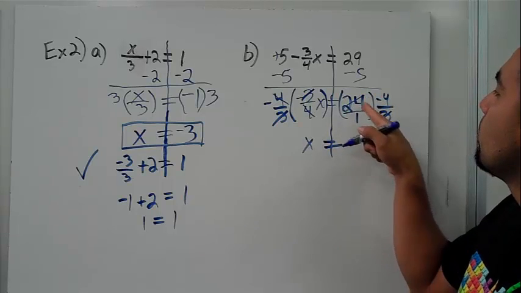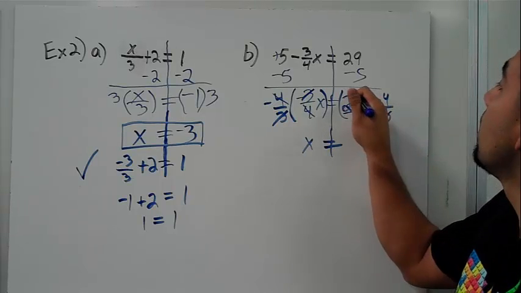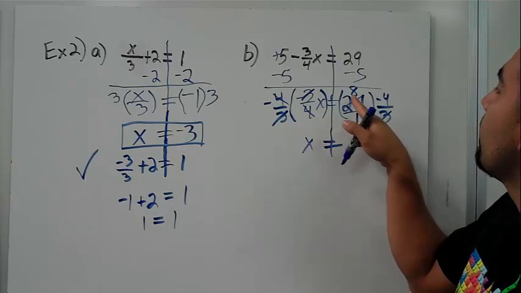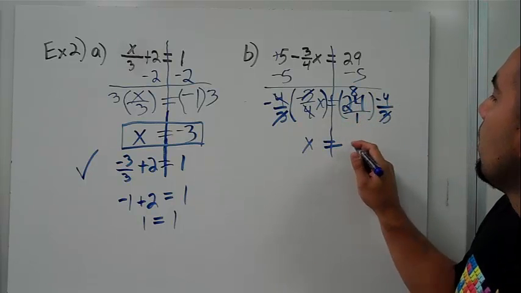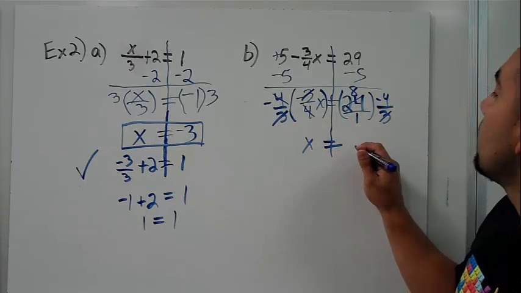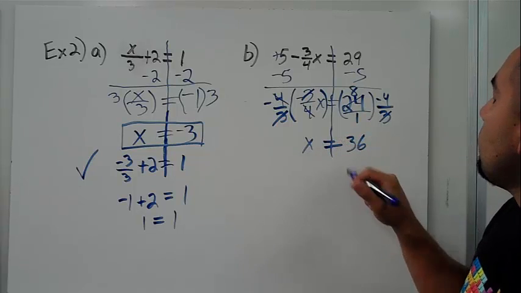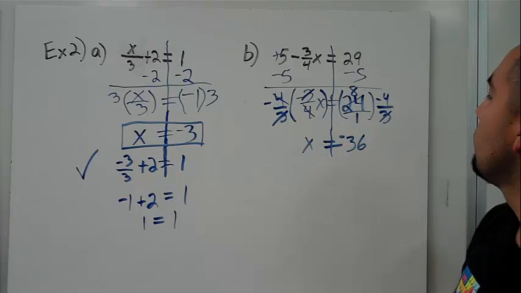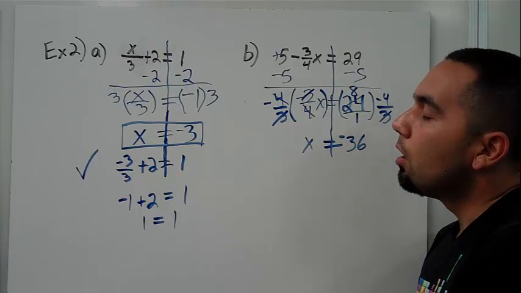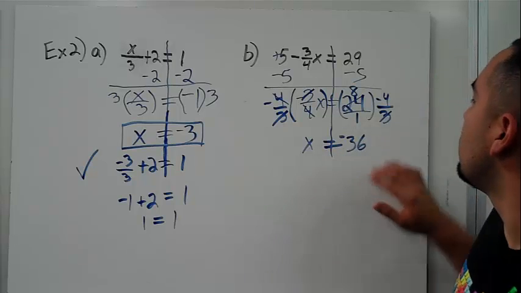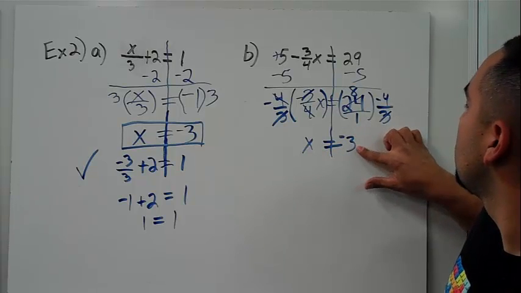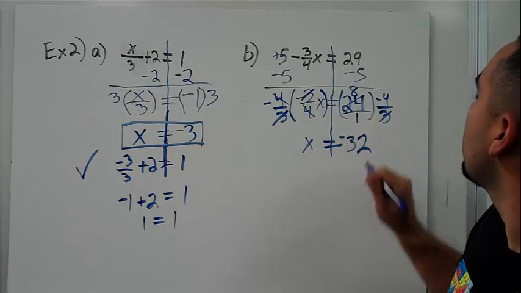What does 24 become? 24 divided by 3 is 8. So really I have 8 times negative 4. 8 times negative 4, well, that is 36, right? And that's negative. I'm sorry, 32. I don't know where I got 36 from.